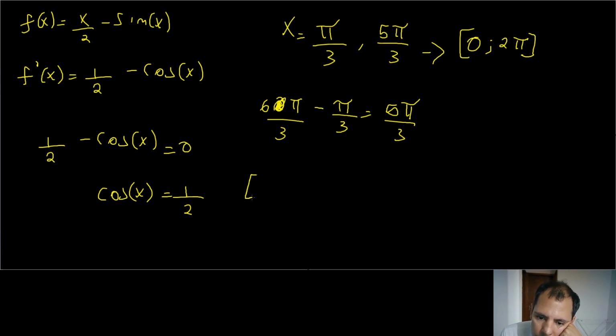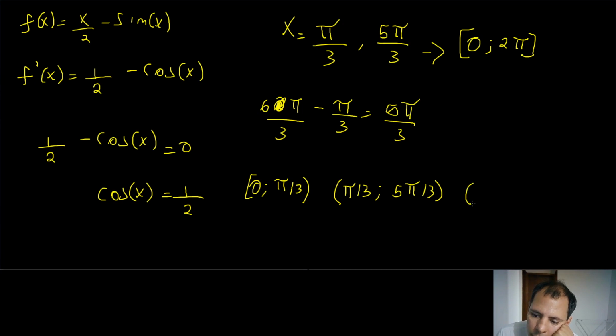The first domain is from 0 all the way to pi divided by 3. Another domain is from pi divided by 3 all the way to 5 pi divided by 3. And the third domain is from 5 pi divided by 3 all the way to 2 pi.